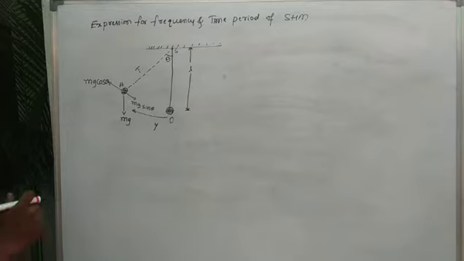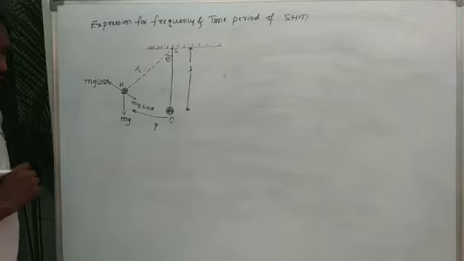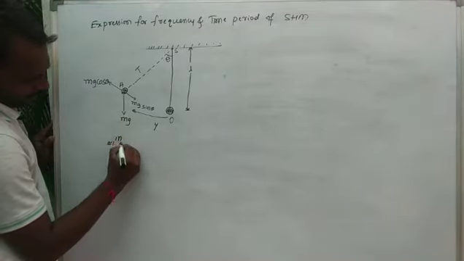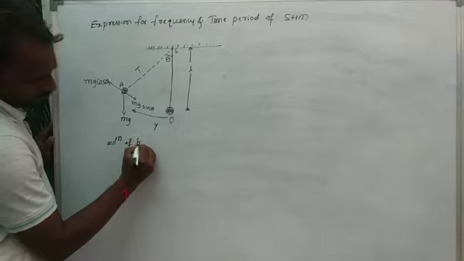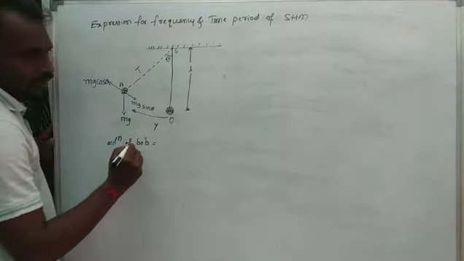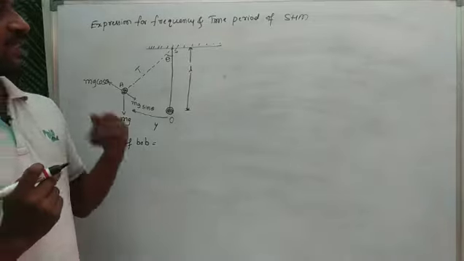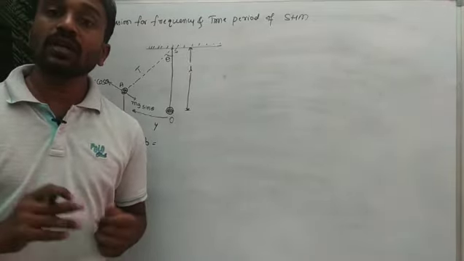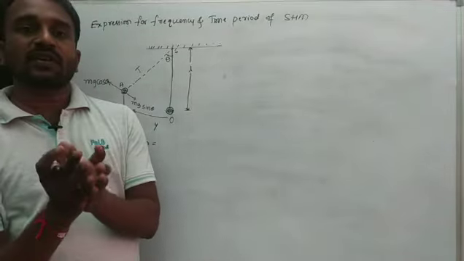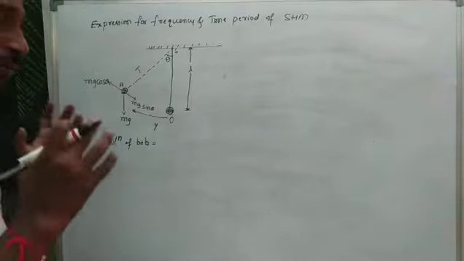Okay, so one thing to consider is the acceleration of the bob. You already know that the acceleration in SHM is directly proportional to the displacement, and the direction of acceleration is towards the mean position.